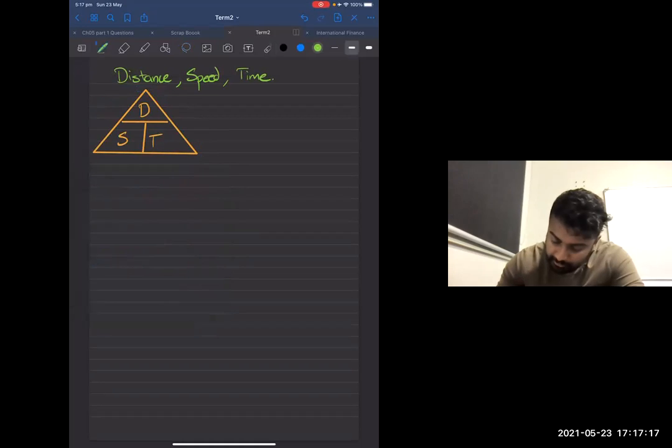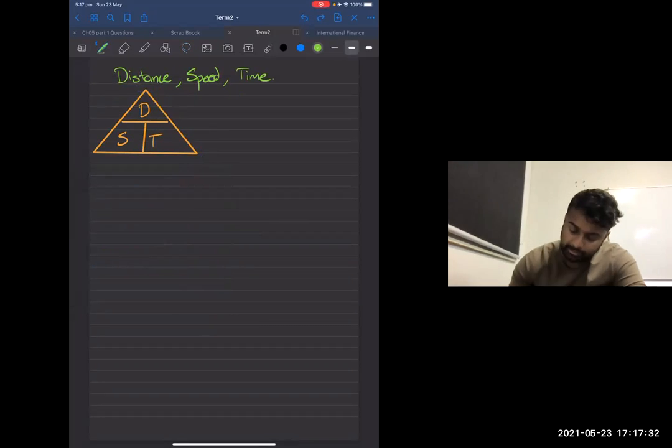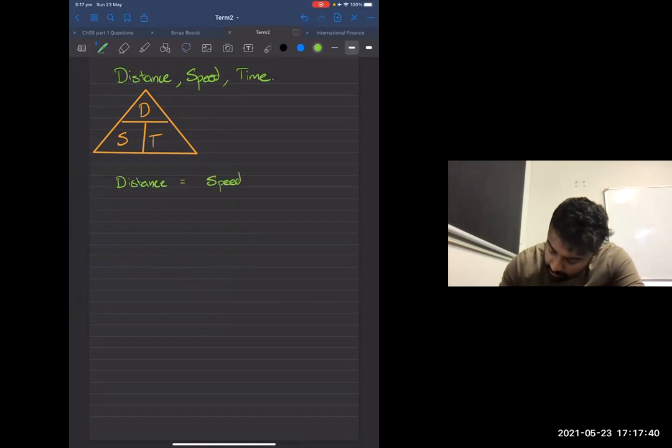All right, perfect. Now, D stands for distance, as you guys all know. S stands for speed, and T stands for time. Pretty obvious, right? Now, I'll show you the relationship between them. Distance is equal to speed multiplied by time.